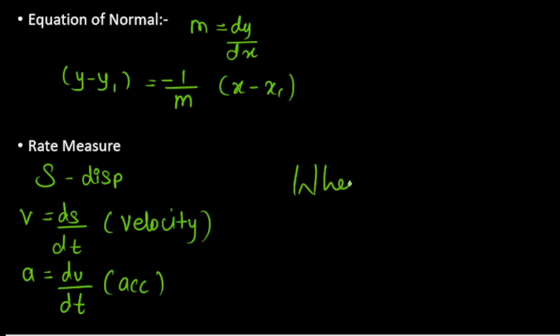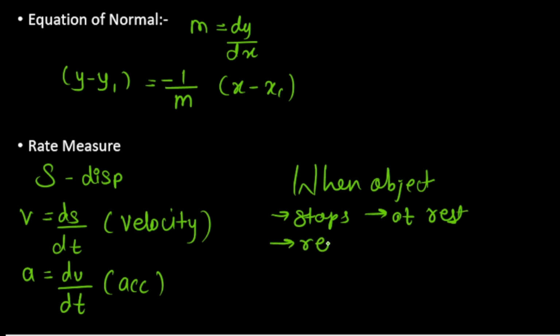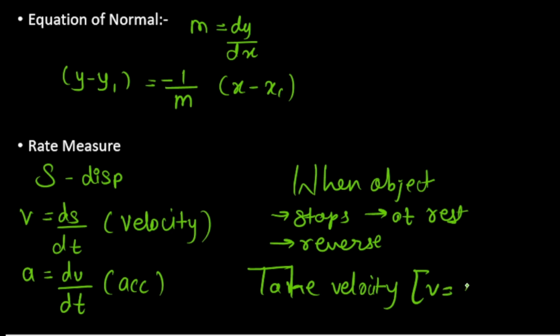When the object stops at rest, or reverses, take velocity v equivalent to 0 every time. If these three cases are there, take velocity equivalent to 0.